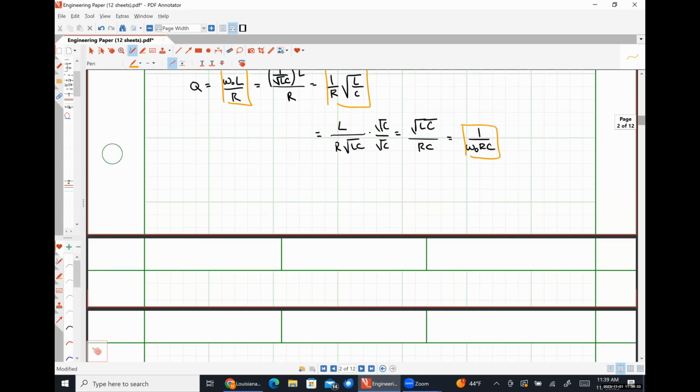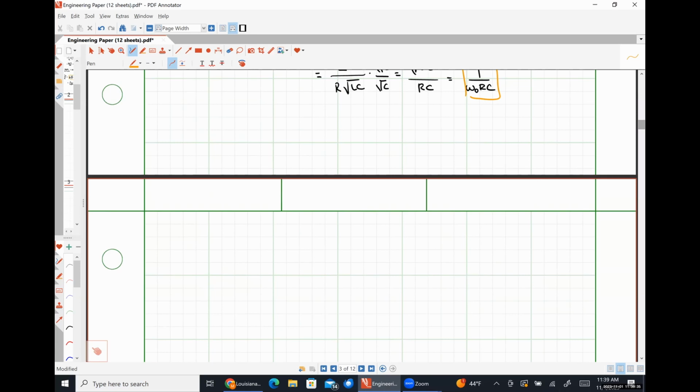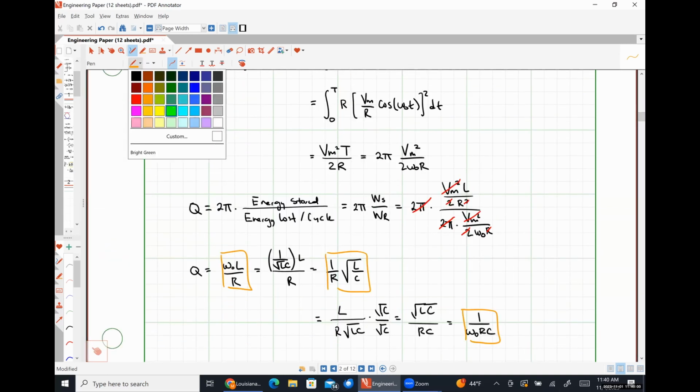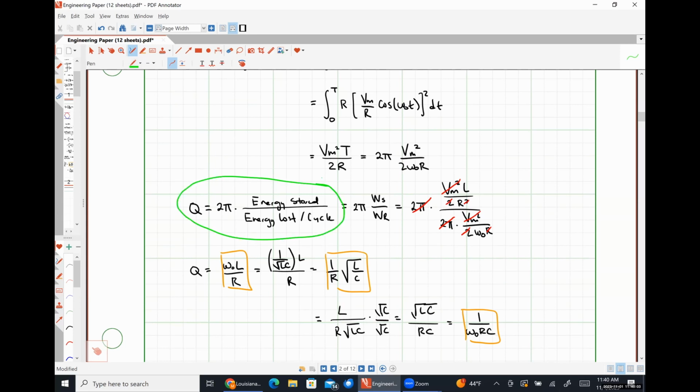So what I want us to do now is derive the frequency response of a series RLC circuit in terms of quality factor and resonant frequency, right? So we're really starting to look at things more at a system level than at a circuit level here. Realistically, this particular relationship for Q is not just for circuits, it's for anything.